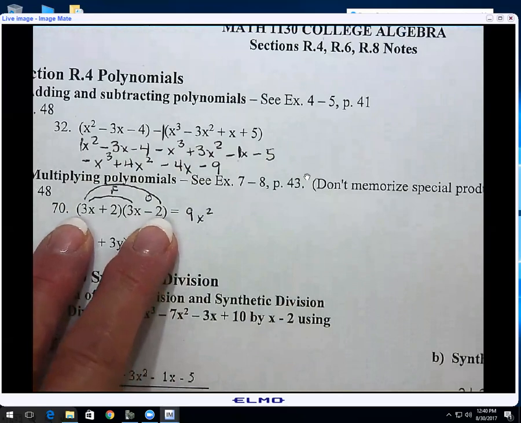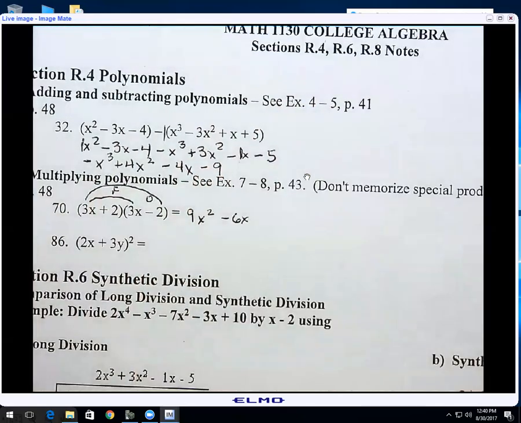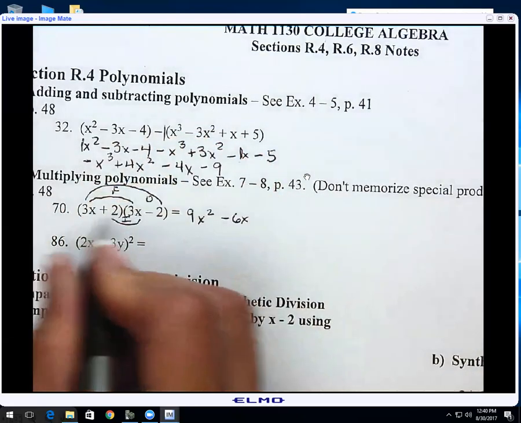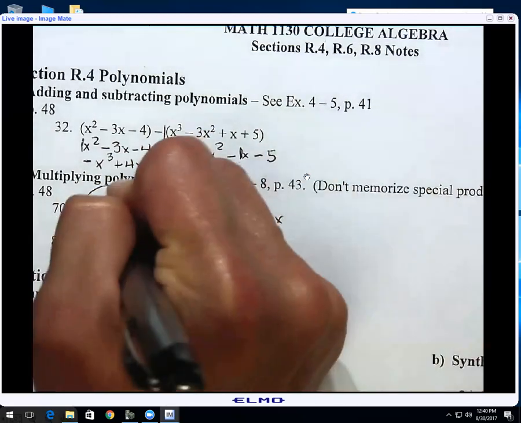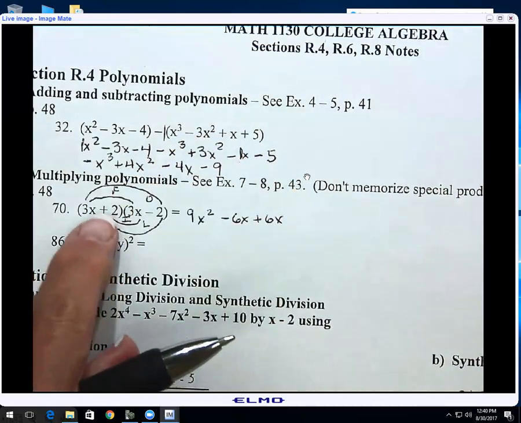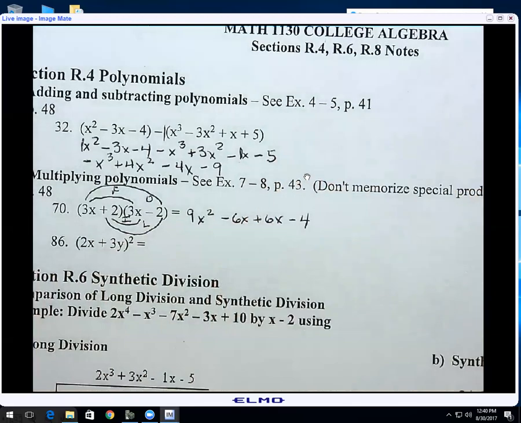Negative 6x for the outer. Inner is the 2 times 3x, which is positive 6x. And last is the last term of each binomial. Positive 2 times negative 2 is negative 4.